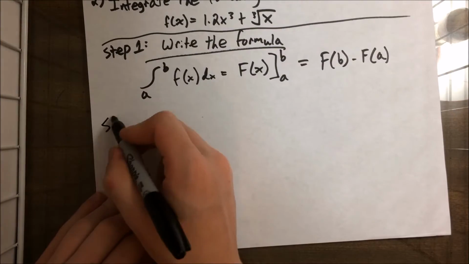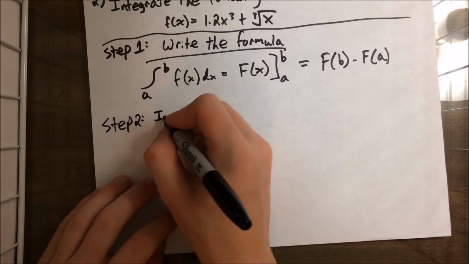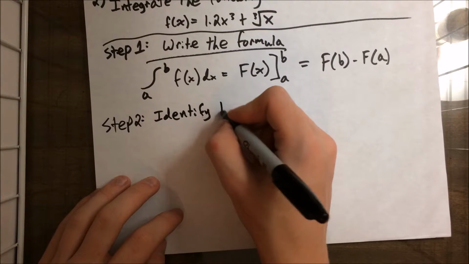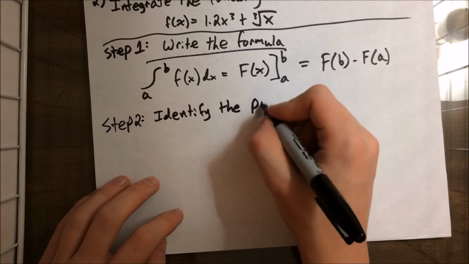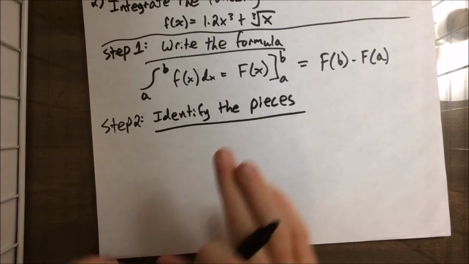Okay, so then step 2 is to identify the pieces. And in this step, we're also going to go ahead and simplify the function to make it easier to use.